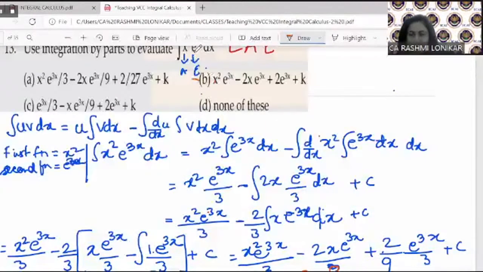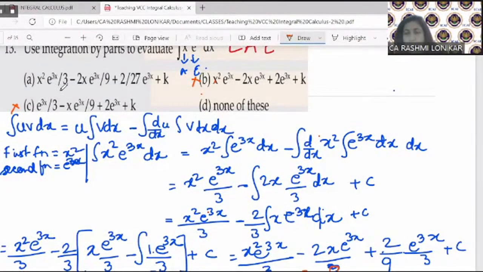So option B is incorrect. Now we have A, C or D. Let us see A and C. x square e raised to 3x upon 3. In C we do not have x square e raised to 3x, we don't have a term in x square. So option C is also not correct.